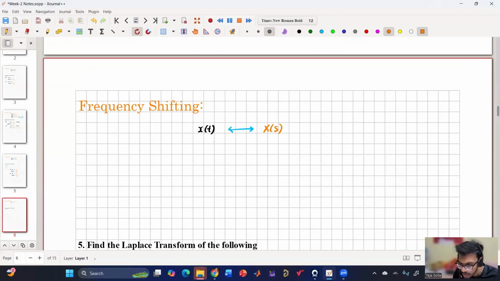Now if I have x of s minus s naught, or let us say a for simplicity, x of s minus a, how will it be reflected in the time? It is e to the power at into x of t.